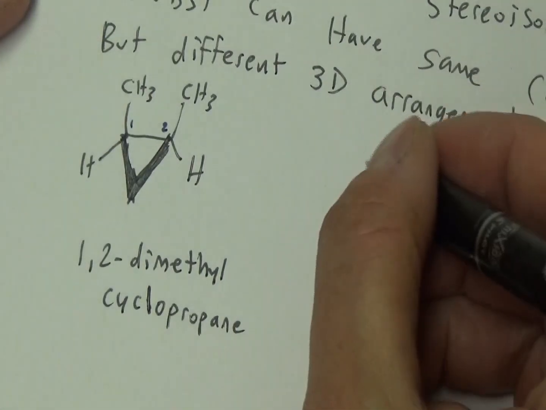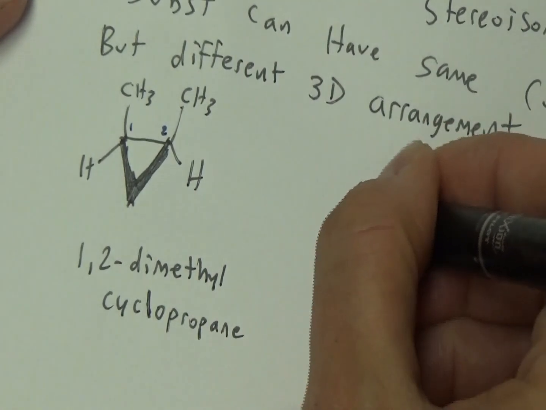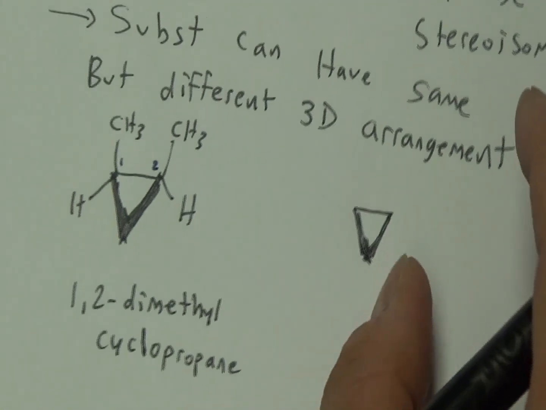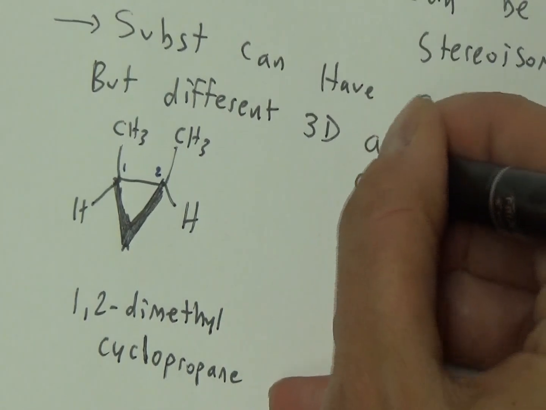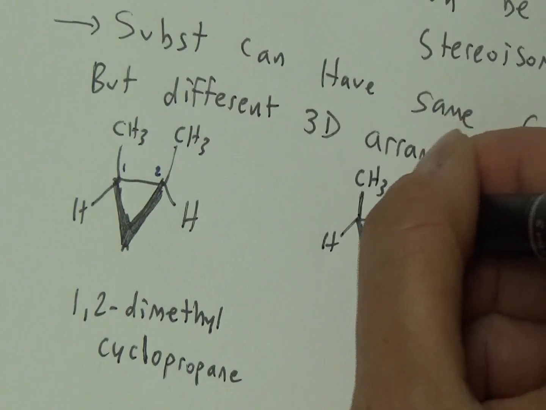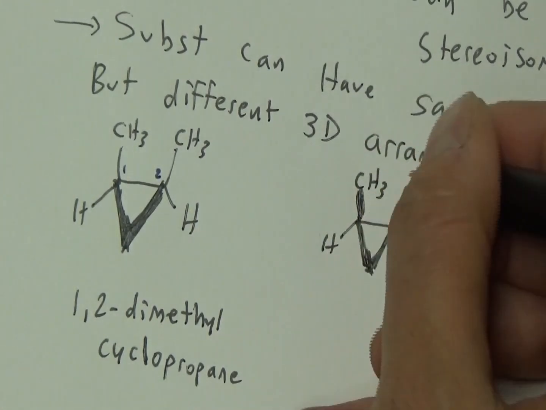But how would that compare to the similar molecule where one CH3 is going up and one CH3 is going down? It's kind of like one's going up, one's going down, right?